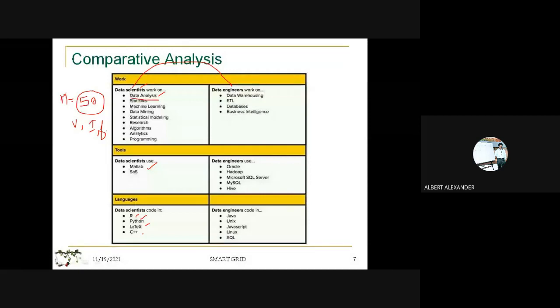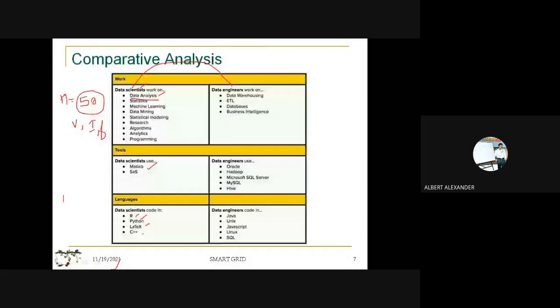The data engineers will create databases, data warehousing and intelligence. Here they normally use Oracle, Hadoop, SQL Server, Hive, and JavaScript, creating a window by which the data can be used for prediction analysis. But we electrical engineers normally come under the data scientist category.